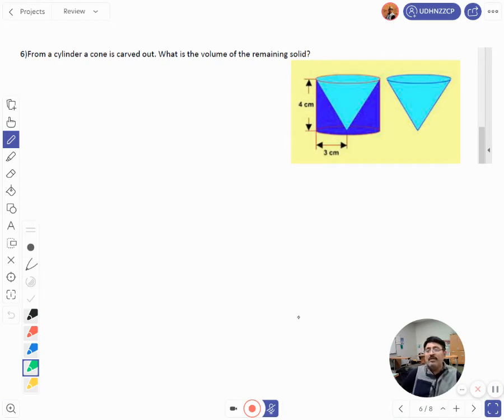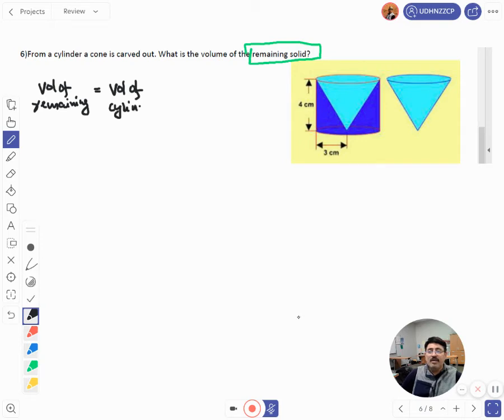Therefore, let me compute this one. What is the volume of the remaining solid? The question is, what is the volume of the remaining solid? Let me write that: volume of remaining solid equals volume of cylinder, take away volume of cone.